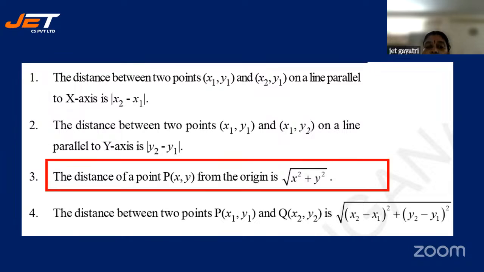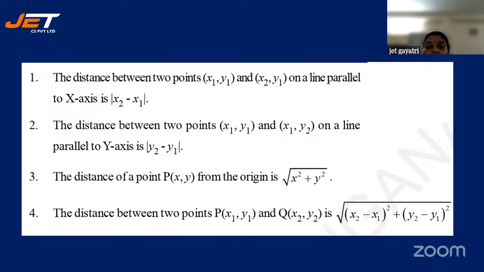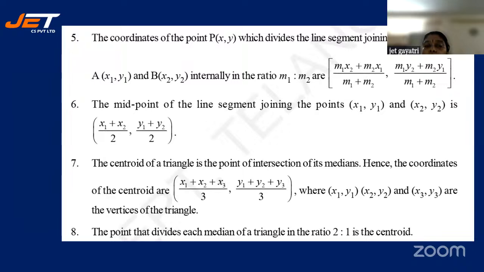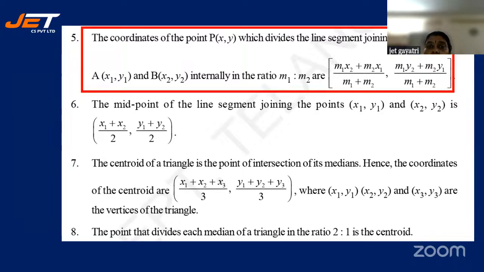All right, see the next one. The coordinates of the point P of x comma y, which divides the line segment joining the points x1, y1, x2, y2 internally in the ratio m1 is to m2.